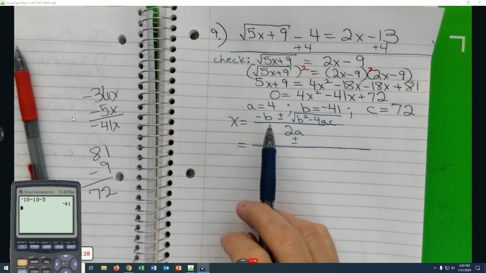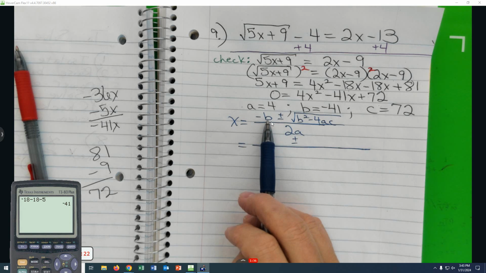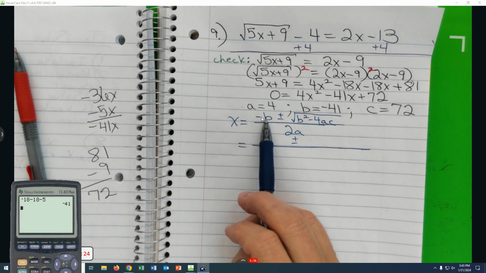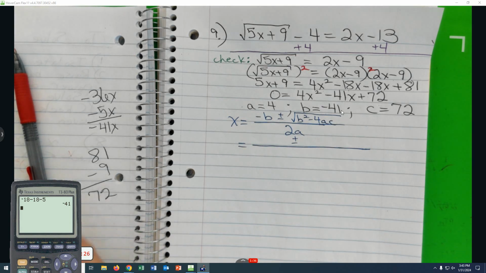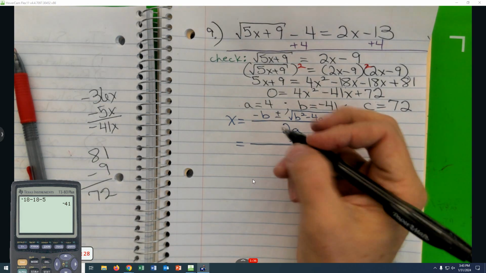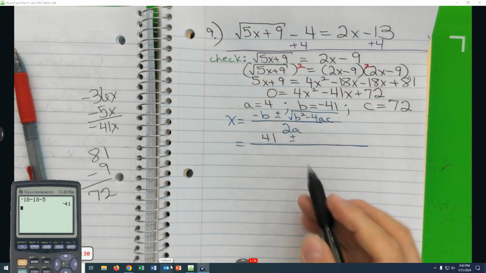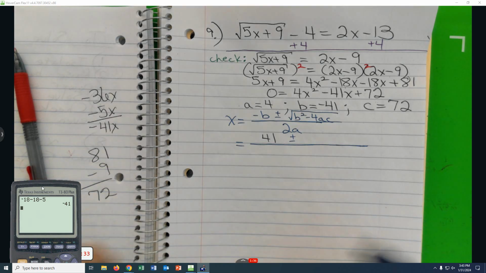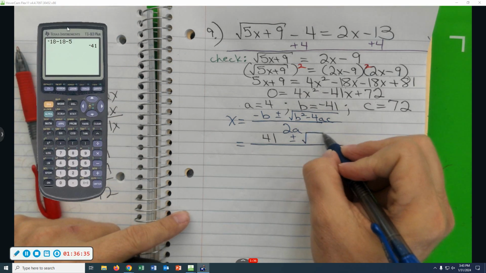Okay, so first of all, negative b, the opposite of b, the opposite of negative 41 is 41. So we have 41 plus or minus the square root, dig out that calculator.